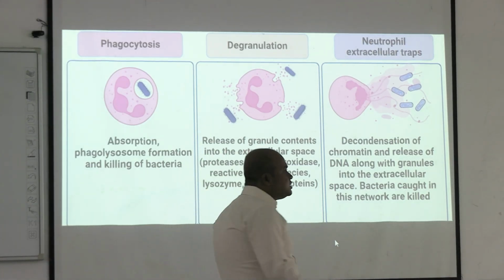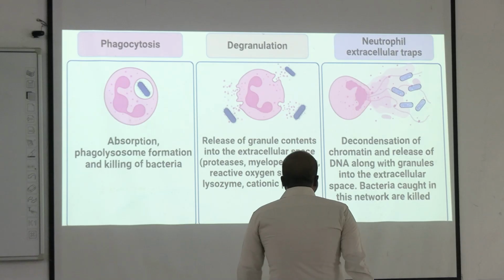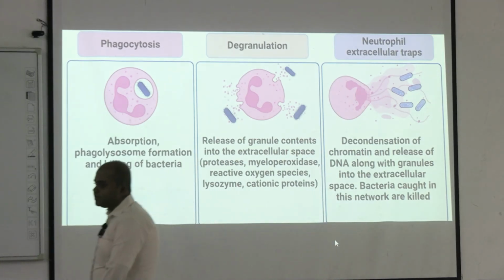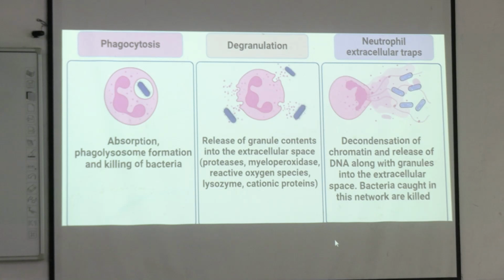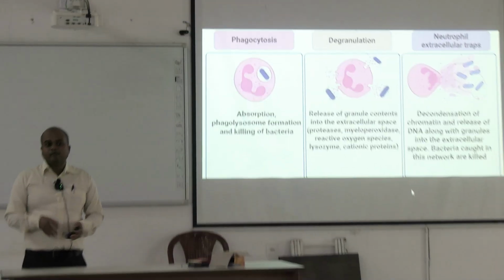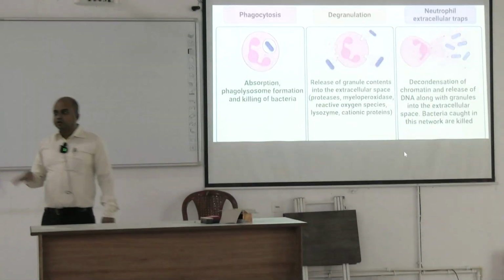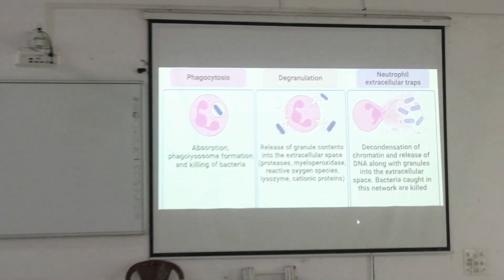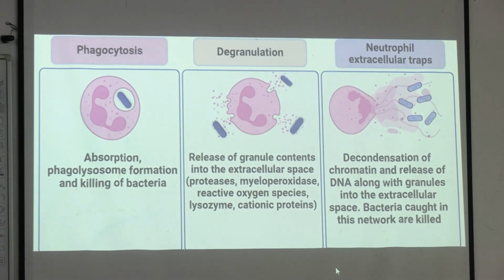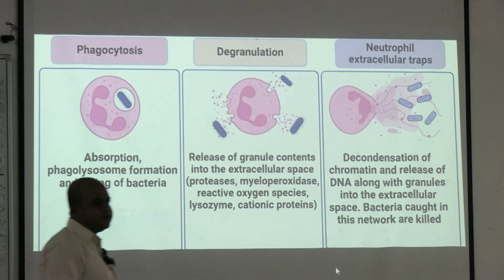So, phagocytosis plus killing of the bacteria by forming a network with the help of the decondensation of the chromatin material. The neutrophils themselves die during this process, but the body tries to recruit more and more neutrophils, even immature neutrophils, called band or stuffed cells, during the time of acute infections.